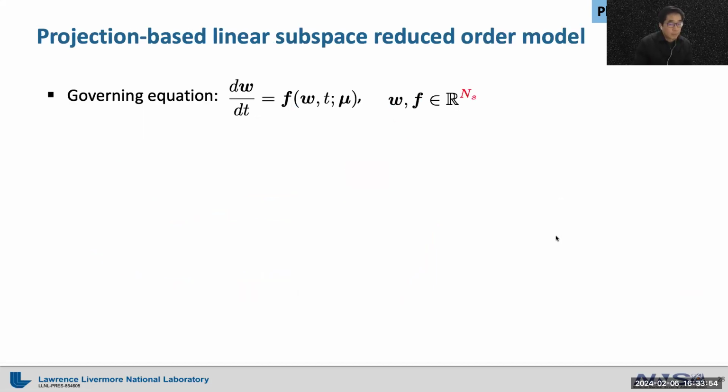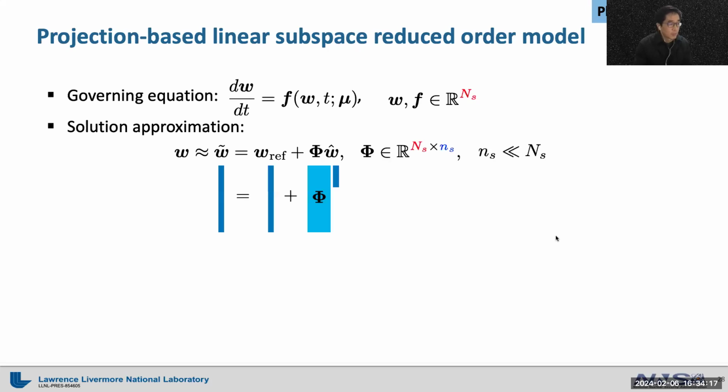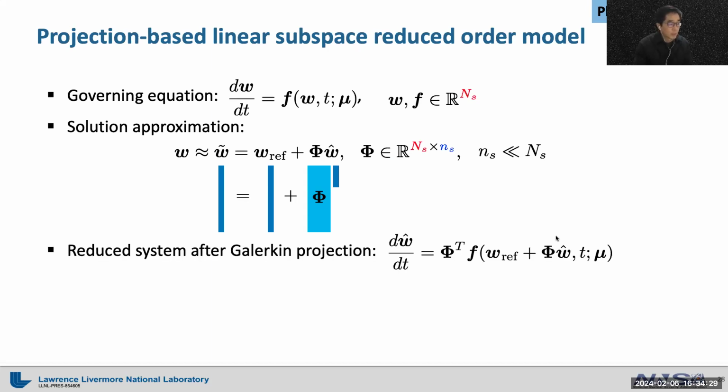I probably don't need to go over this slide because this seminar assumes the audience is experts in projection-based reduced order models, but just in case, as you all know, it starts with the governing equations and you introduce some solution representation. A lot of times we use the linear subspace solution representation with a lower rank, and you plug that back into the governing equations, which reduces the number of unknowns. But in order to reduce the number of equations as well, you can, for example, apply the Galerkin projection.